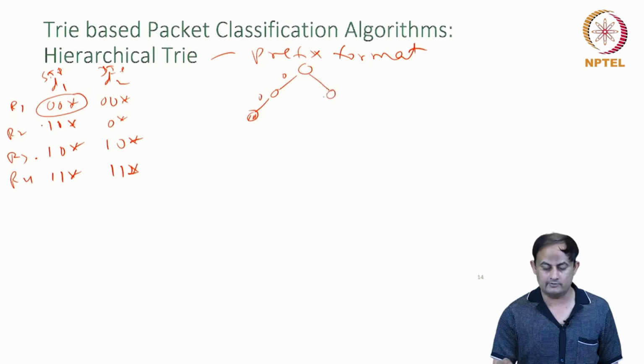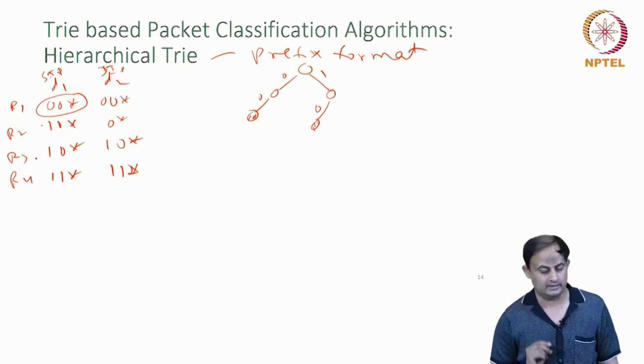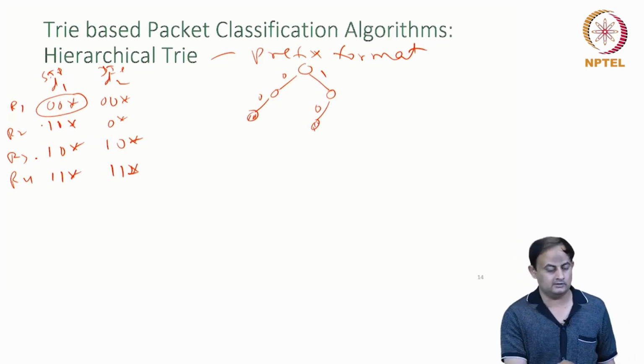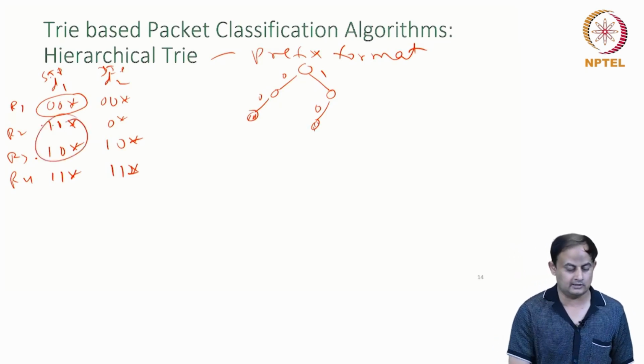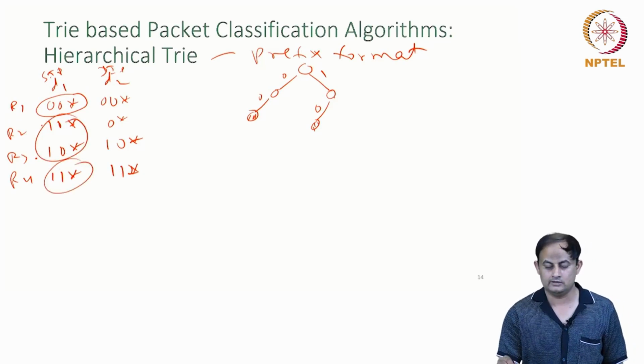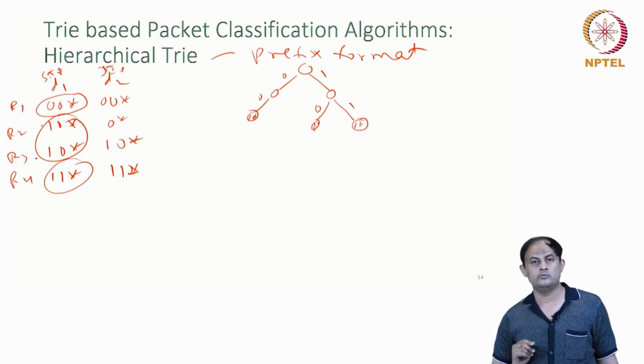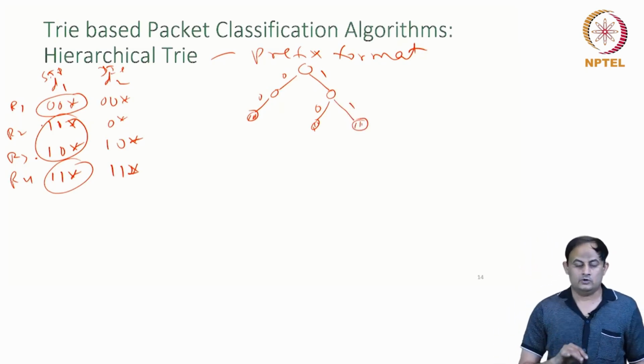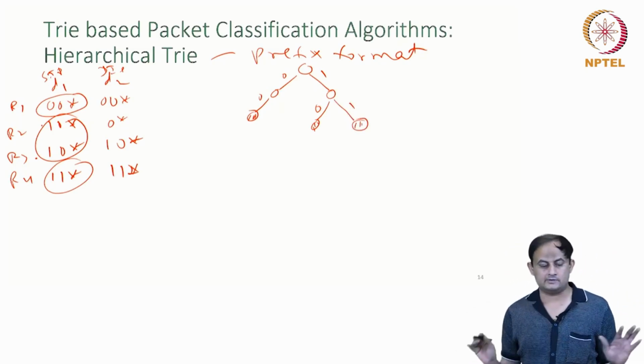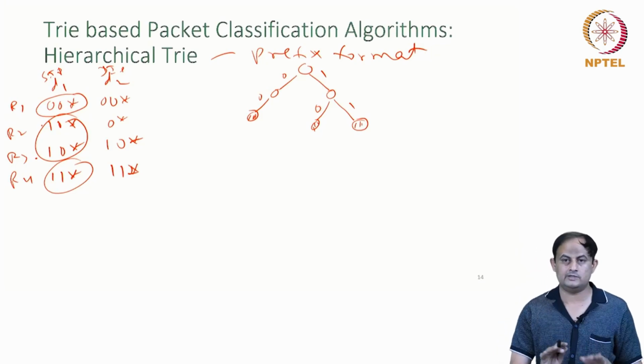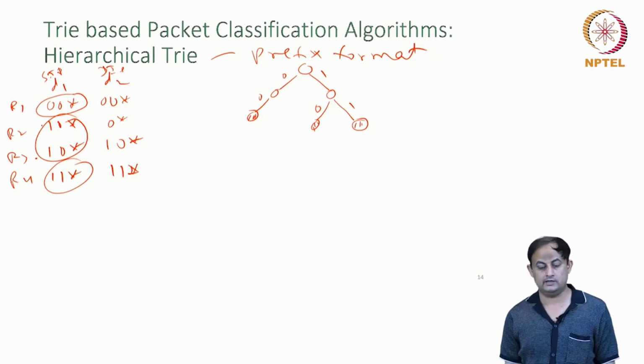I am going to have a node here, and then a 0. I am going to come back, 1 followed by 0, and highlight this. The third possibility is 11 star. 1 is already there, and I am going to have a node here. This will denote the 11 star. So for all possible prefix combinations of the first dimension, the job is done now.